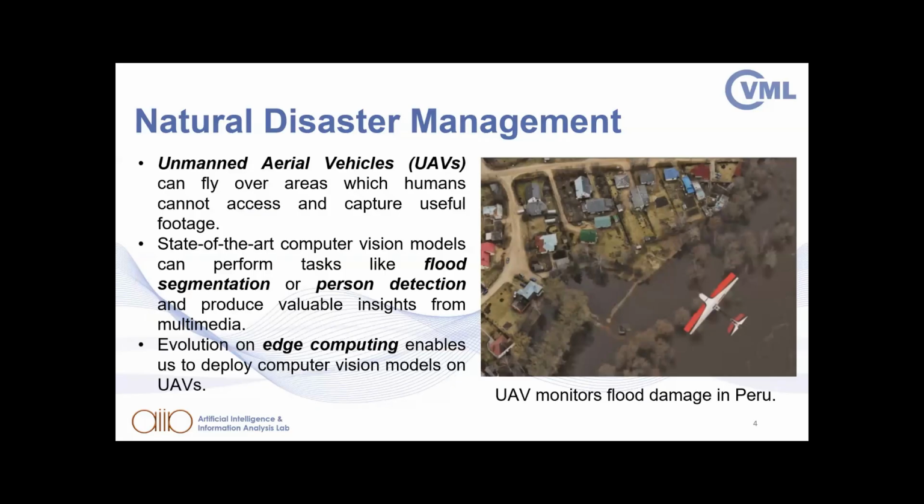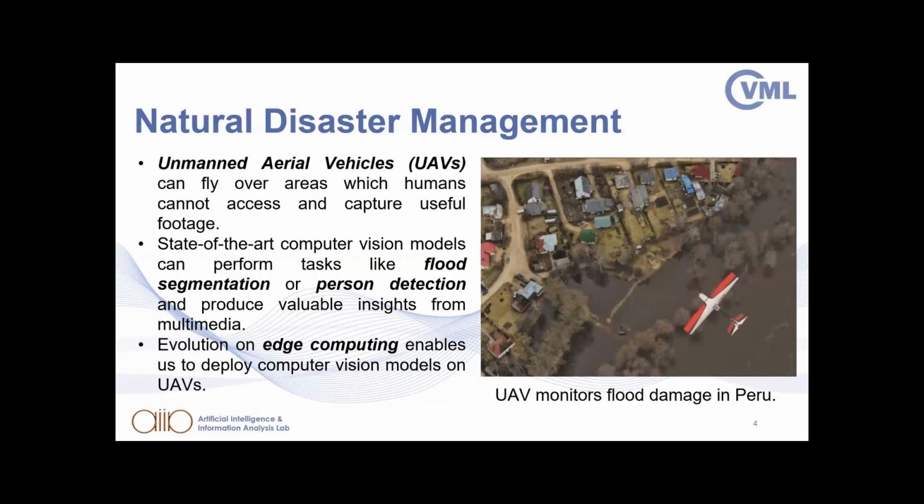In this slide, we highlight the transformative role of drones in natural disaster management, which are now an important tool because they can access areas that are too dangerous or inaccessible for humans, and allow us to gather critical information during disasters like floods.